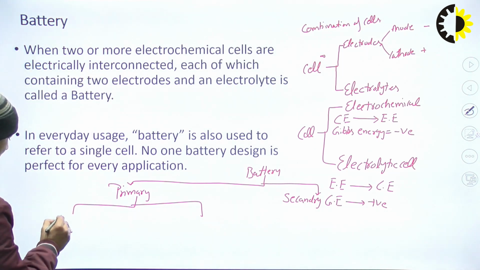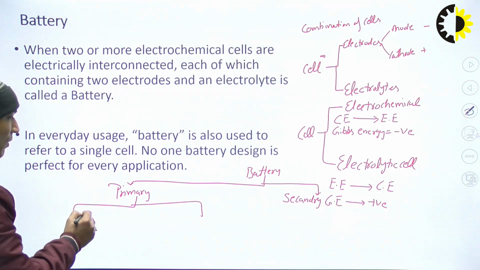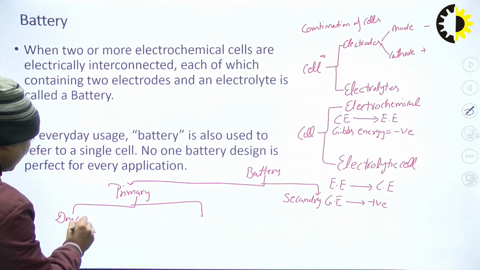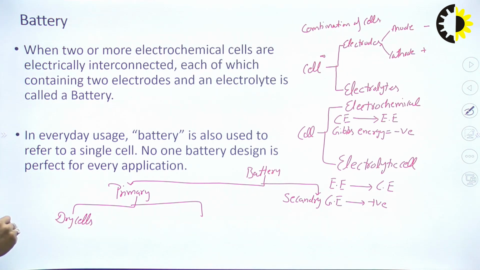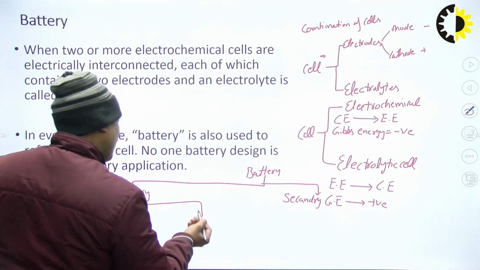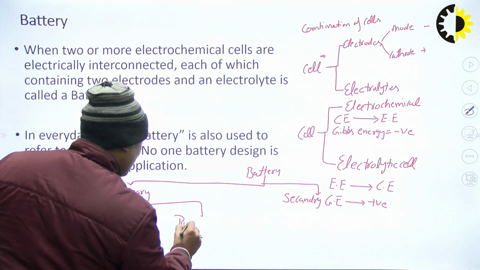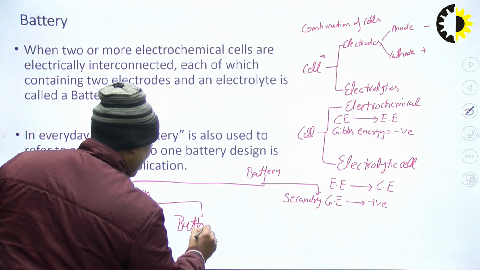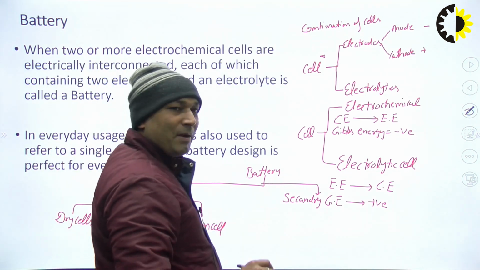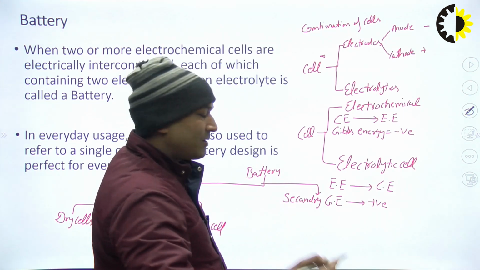One is the Daniell cell or Leclanché cell, which is a dry cell, and another dry cell is called the button cell. Okay, while the secondary battery can be recharged.